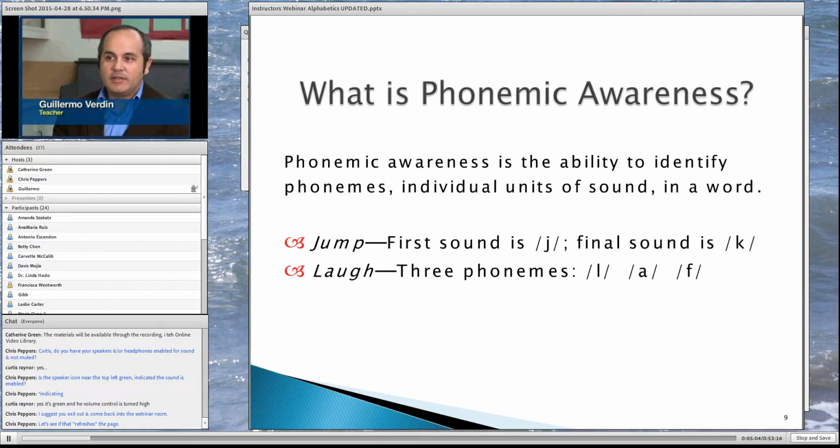So that includes the first sounds, the last sounds. As you can see on the screen, the first sound in jump is the j, and the final sound is k. Those are phonemes. And the number of sounds, the number of phonemes in the word laugh is 3. We hear the l, a, f. So basically, phonemic awareness is the ability to identify sounds.